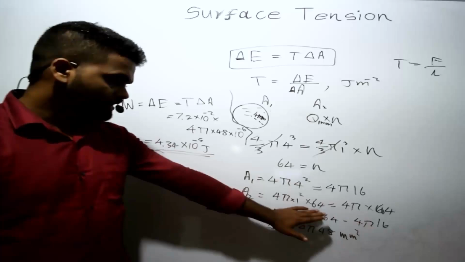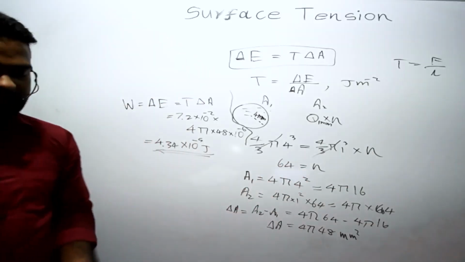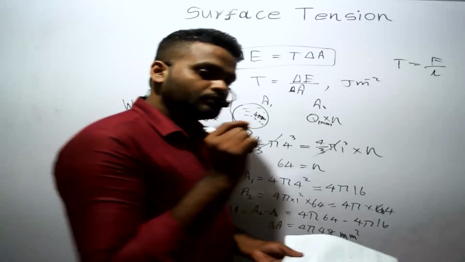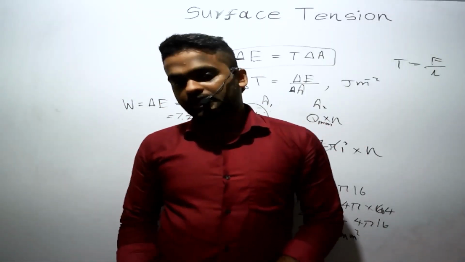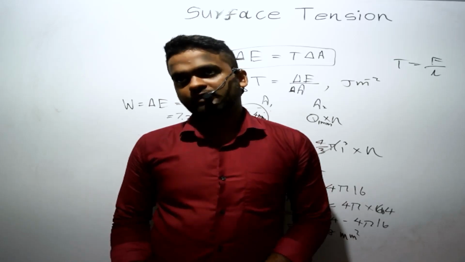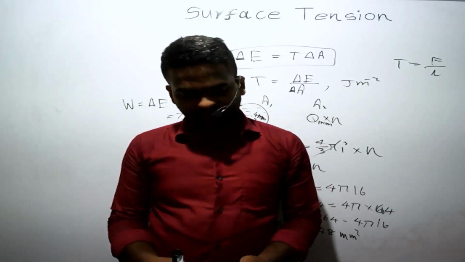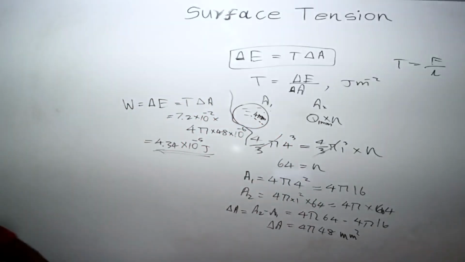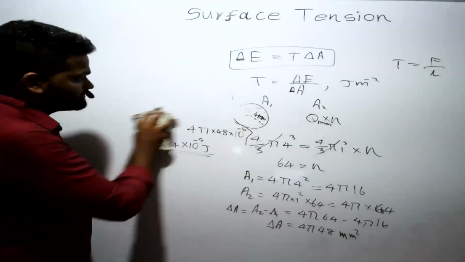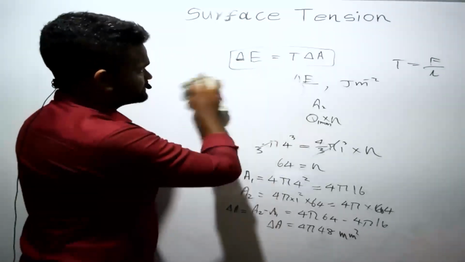Below this, write down: when surface area decreases, surface energy decreases.